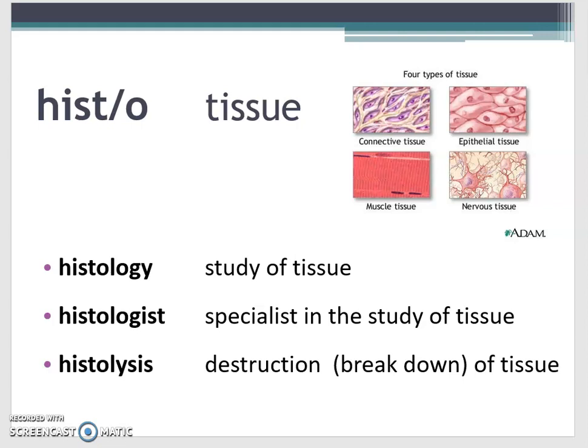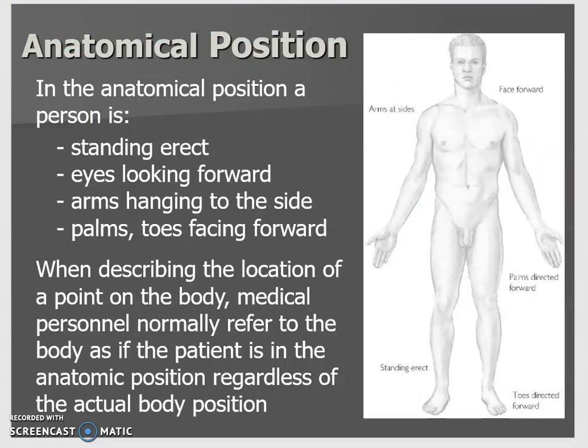When you get to anatomy and physio, for those of you who haven't taken them, or some of you may be taking them right now, in that case, I'll say a prayer for you because you're in really deep. Anyway, these are four types of tissue we see in the body. So these would be examined by a histologist performing the act of histology. And if they had to break some tissue down, it would be histolysis.